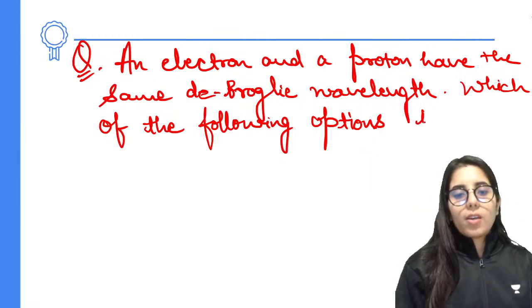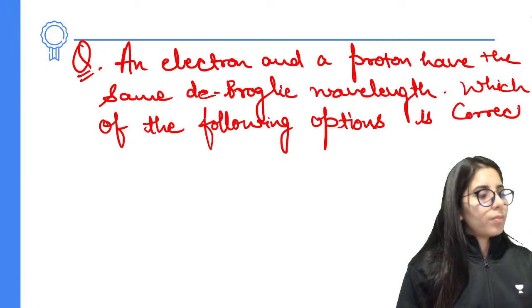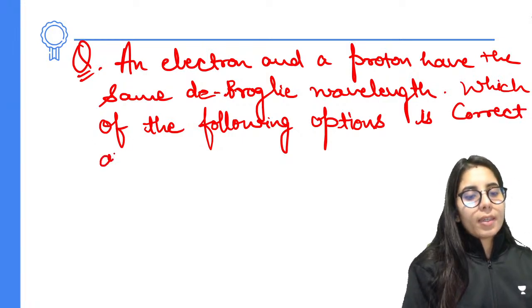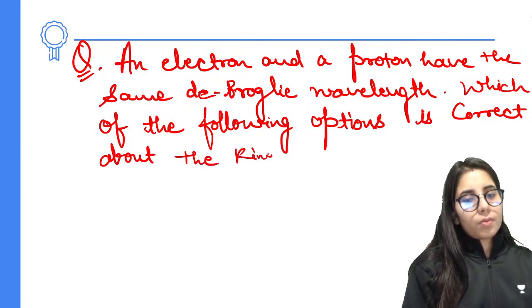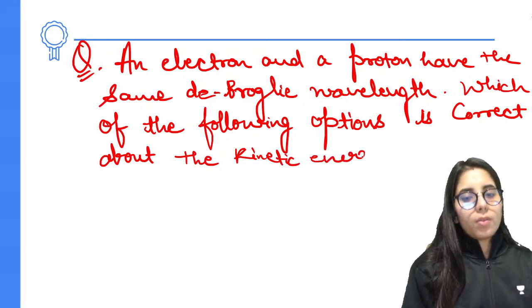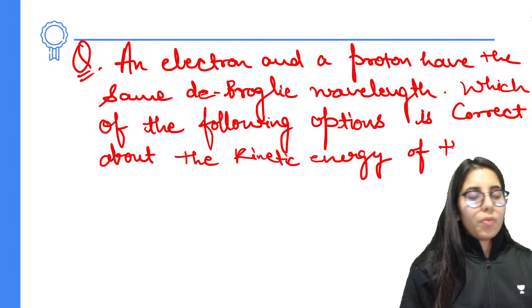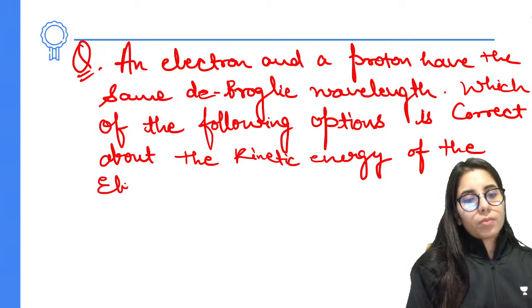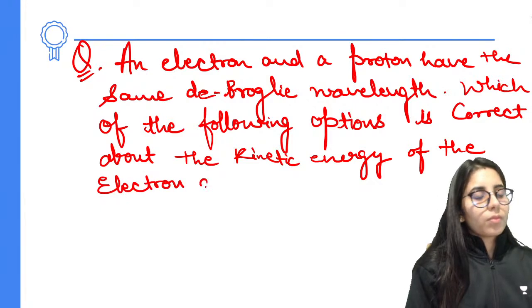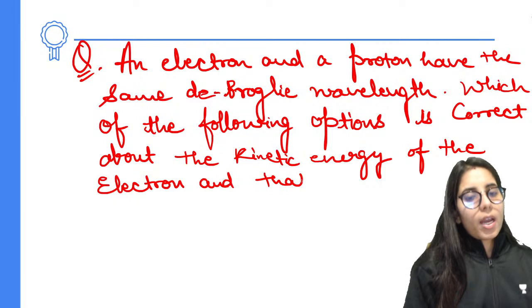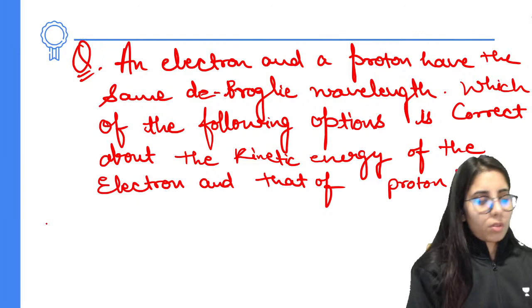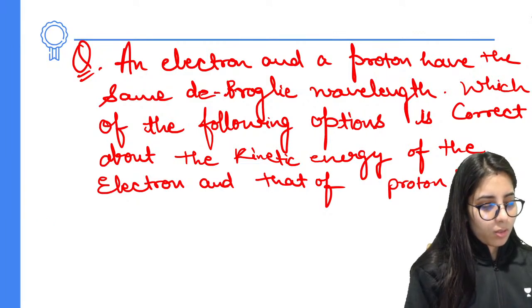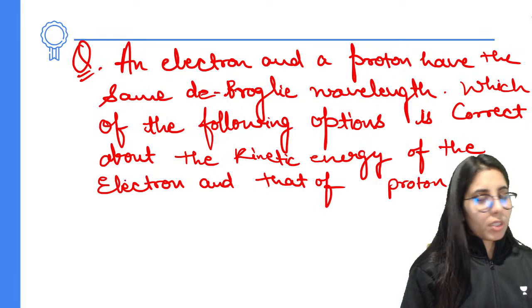Which of the options is correct about the kinetic energy of the electron and that of the proton?